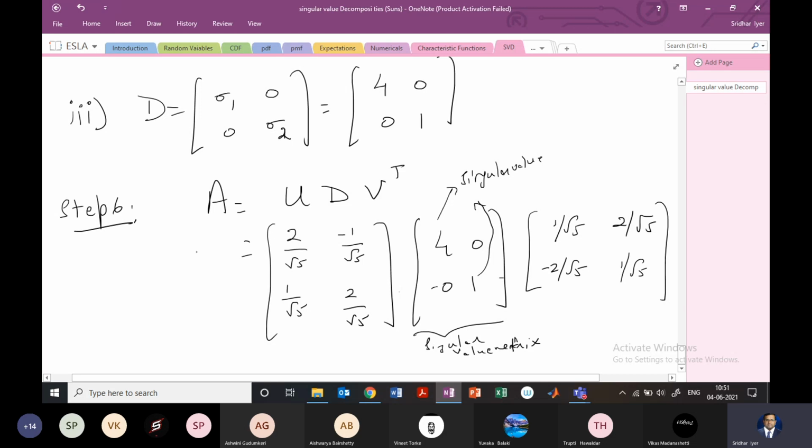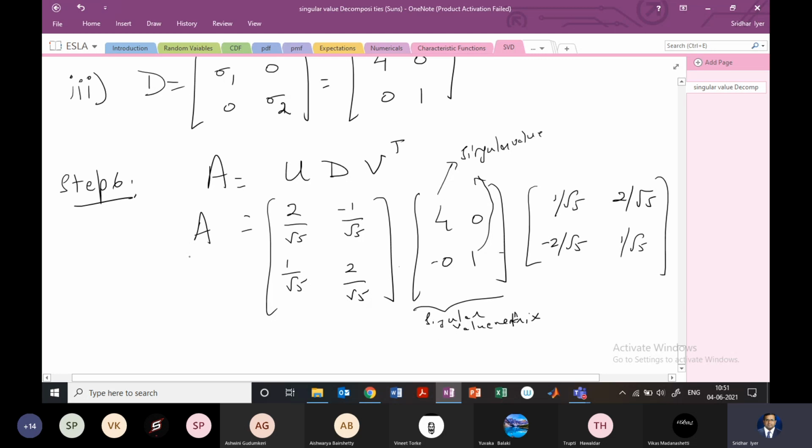So this is your A. We are able to split A into 3 parts: one is the U, the other is the singular value or the diagonal, and the third is V transpose.